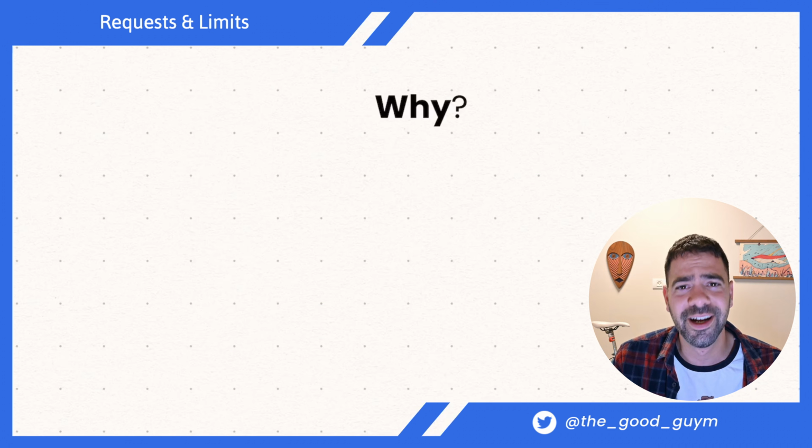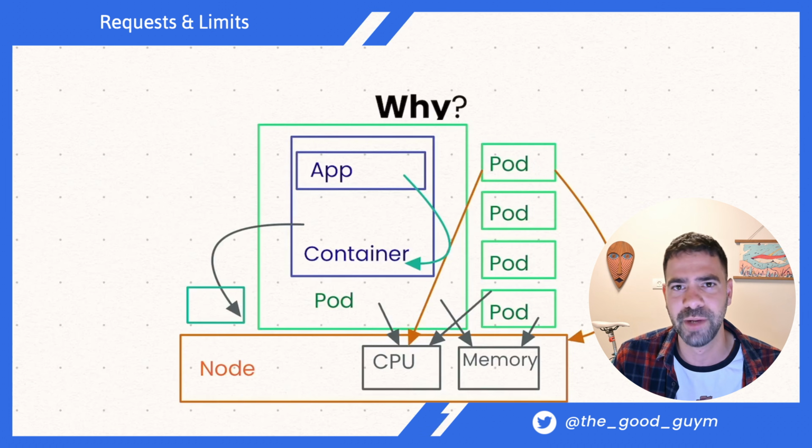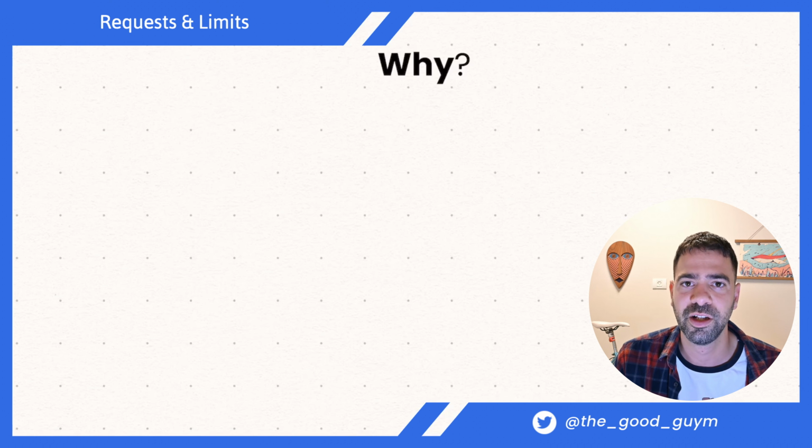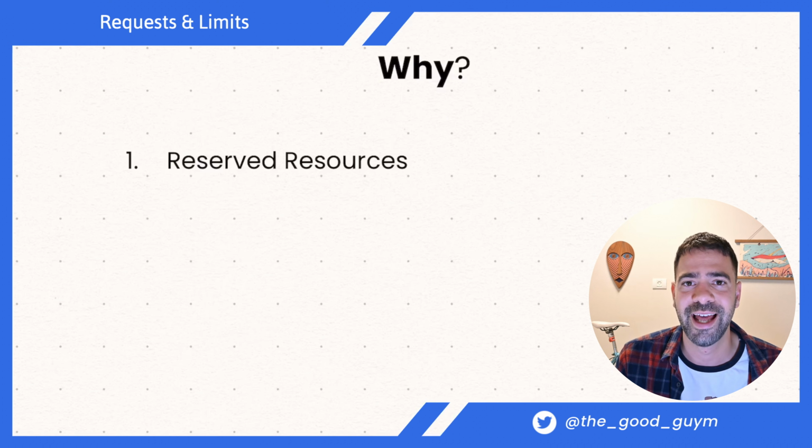Why should you care about these kinds of things? The pod, the resources, the node, the memory, all this stuff is very confusing. So, for your application to run well, it basically needs two things. First of all, you want to make sure that your application has enough resources in order to run.